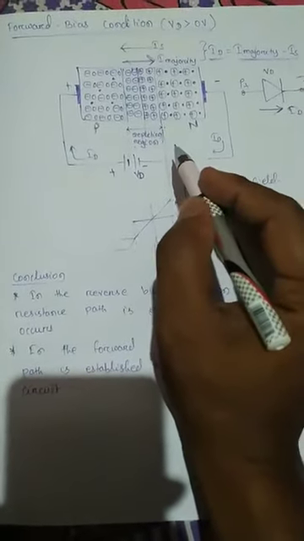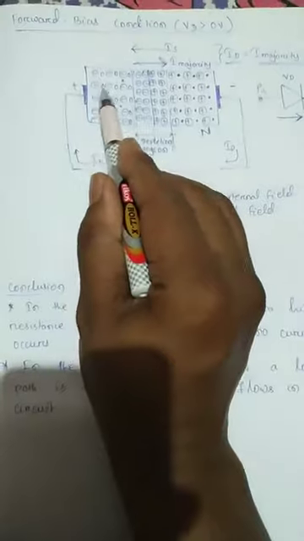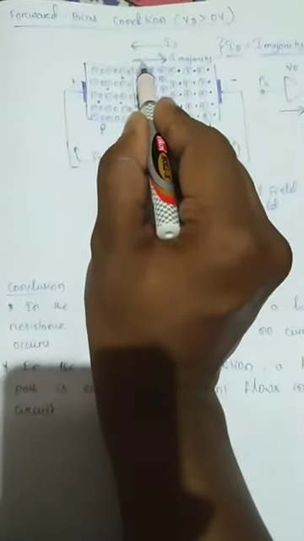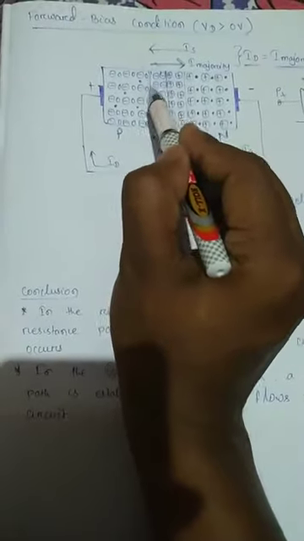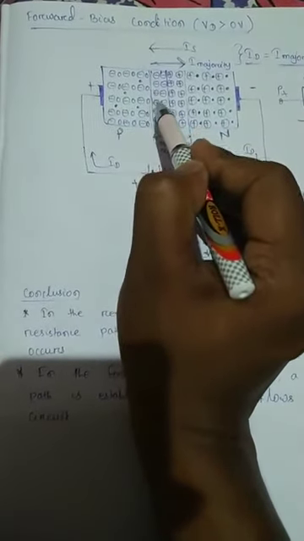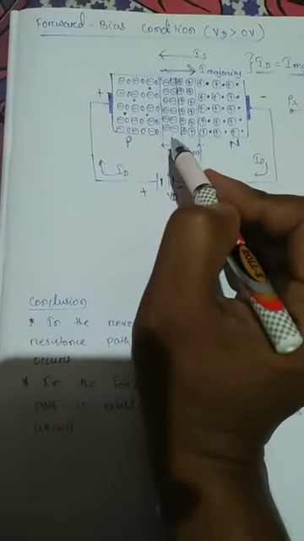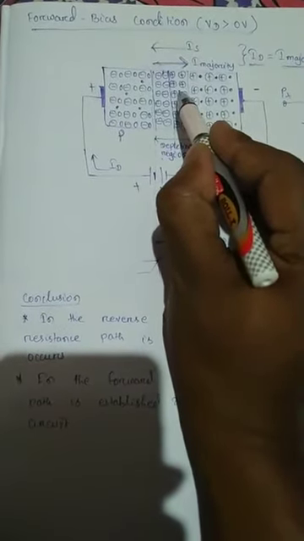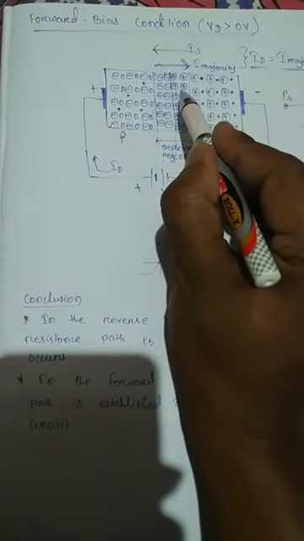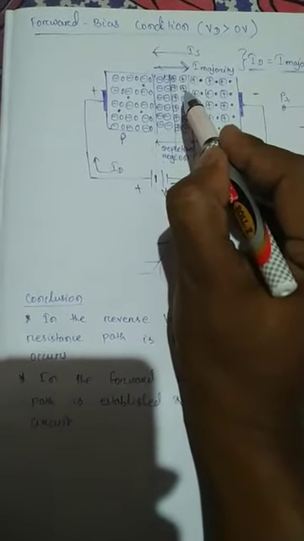So what happens in this forward bias condition? As you see, the positive potential will repel the holes towards the depletion region. As a result, these holes neutralize the negative uncovered acceptor ions in the p side of the depletion region, and the negative potential will repel the electrons towards the depletion region.